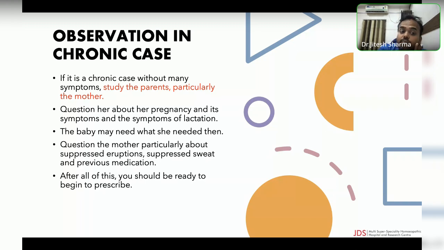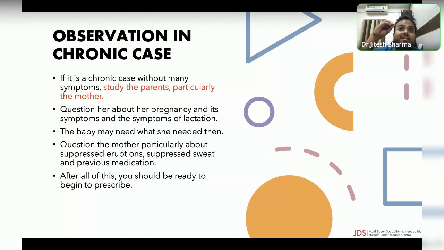So you need to ask these questions very particularly about the mother's history during pregnancy, which is very important in chronic cases. Either you're dealing with an autism case, or a Down syndrome case, or any genetic case, even CHD, congenital heart disease, or any other type of case, you need to consider the mother's history very well.